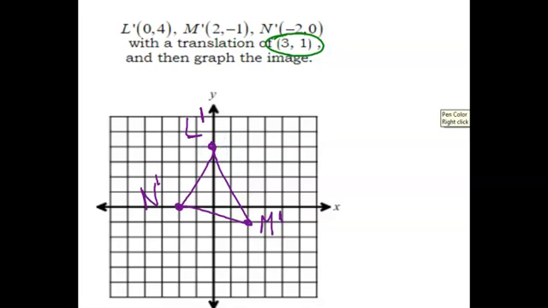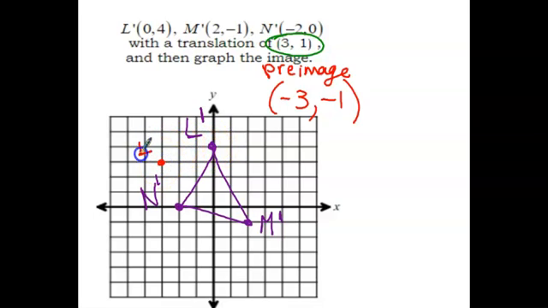And there's my point. So we've got this magical triangle. And I need to find the pre-image. So pre-image, again, I'm working backwards. So instead of 3, it's going to be -3. And instead of 1, it's going to be -1. So I'm going to move each of these left 3 and down 1 to get the original image. So left 3, 1, 2, 3, and down 1.